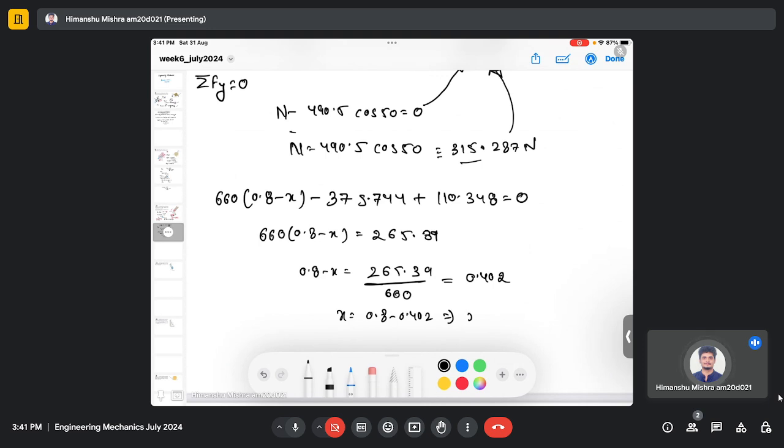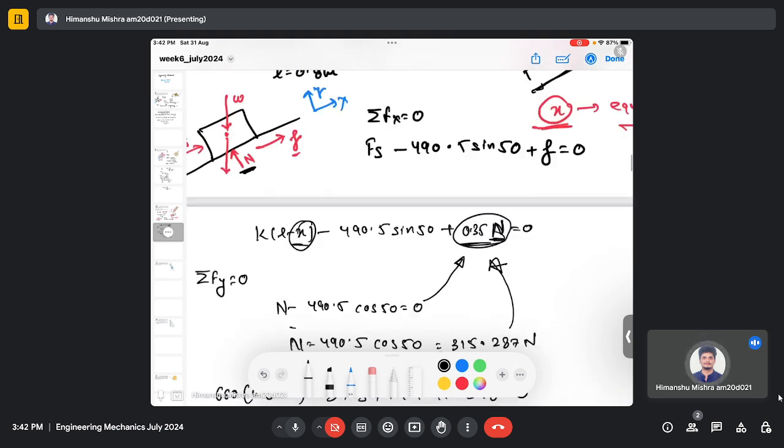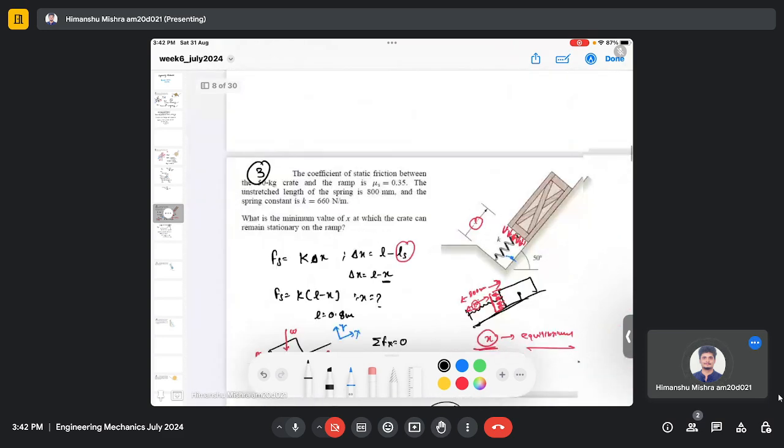So here you will get X, which is 0.39 meters. So this is the compressed length of the spring, after which the block will not move and it will remain stationary.